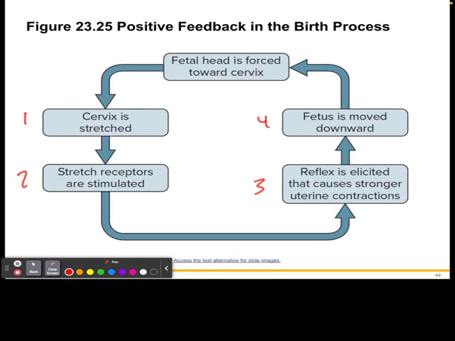Once that happens, the fetal head is forced towards the cervix, which stretches the cervix again, which stretches the receptors, which cause the reflex, which pushes the fetus. As you guys can see, this is a positive feedback loop. It just keeps going, getting stronger and stronger and stronger until eventually the baby is out.